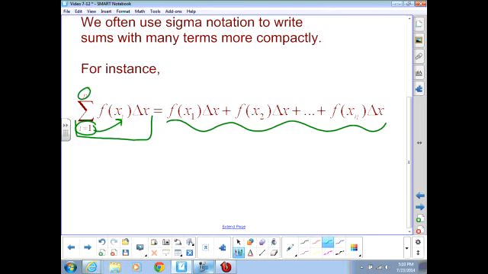And you'd keep going until you get to the last one, where we'd plug in f of x sub n times delta x. So notice these are going in for the i's, which is our subscript here, and that's just going in for 1, 2, and so forth. So it's just a different way of notating it, and it's a shorthand way of doing it.